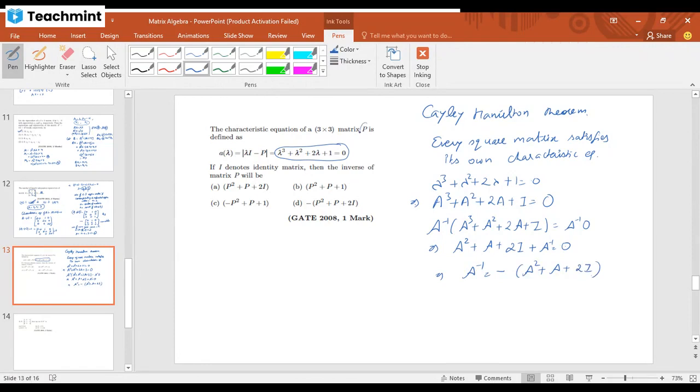Here we are given a matrix P, so the expression should be P inverse equal to minus of P square plus P plus 2 times identity. So the correct option will be option D. Here we can simply use the Cayley-Hamilton theorem to get the solution of this problem.